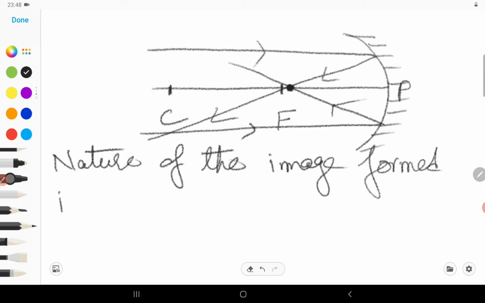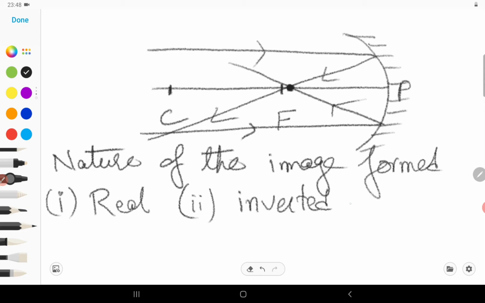Number one, it should be real because the rays are actually meeting. Number two, it is always inverted if it is real. Number three should be the size.